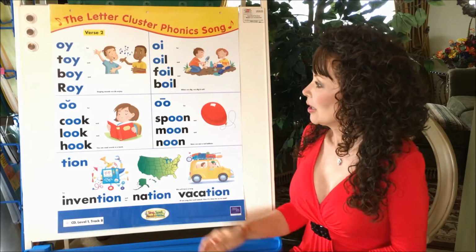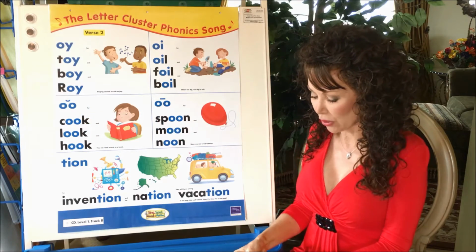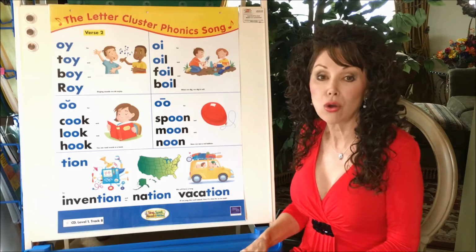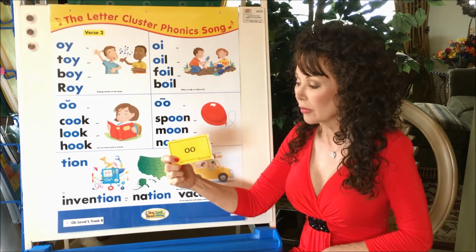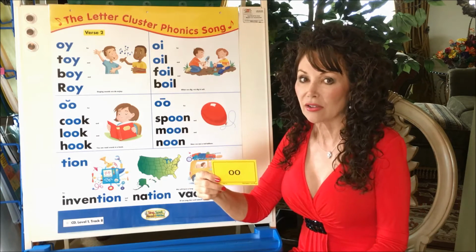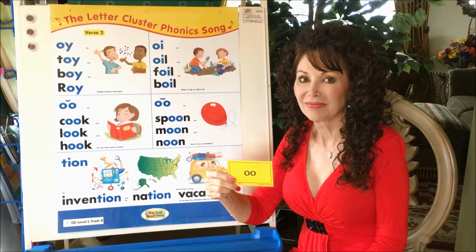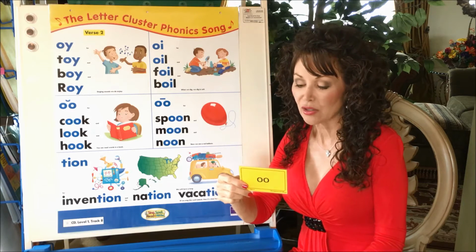All right. Let's look at our next box and another phonogram, which is O-O. It has three sounds. What are they? That's right.